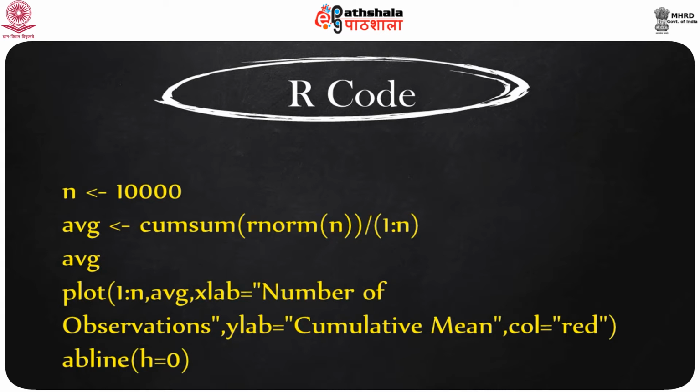So, basically, as cumsum gives the sum of the consecutive observations, similarly, we are calculating the mean of the first observation, which is the observation itself, then the mean of the first two observations, then that of the first three observations, and so on.